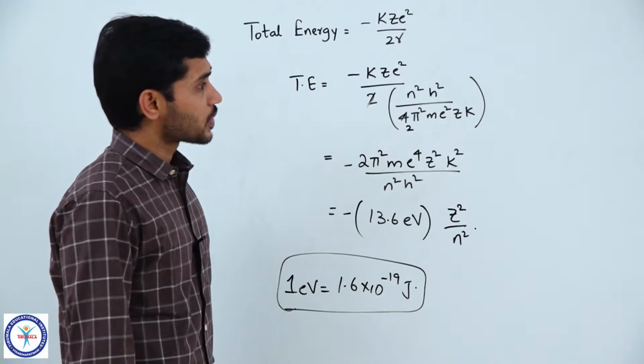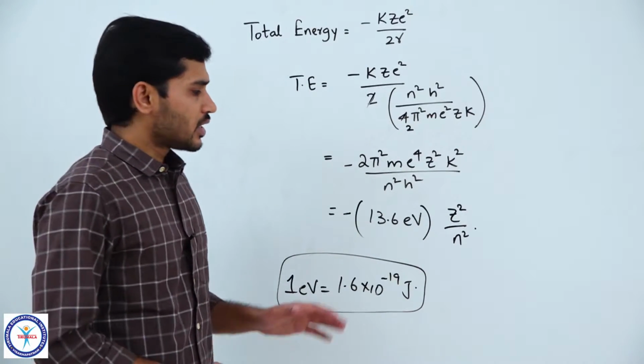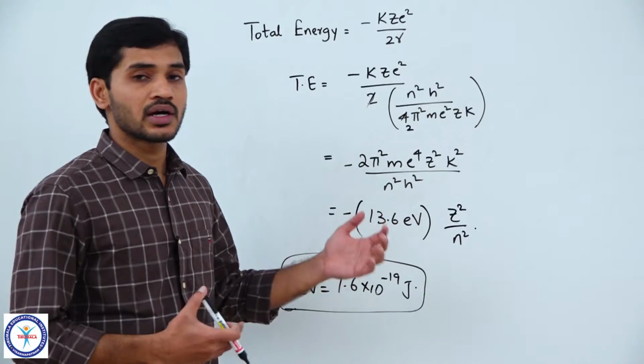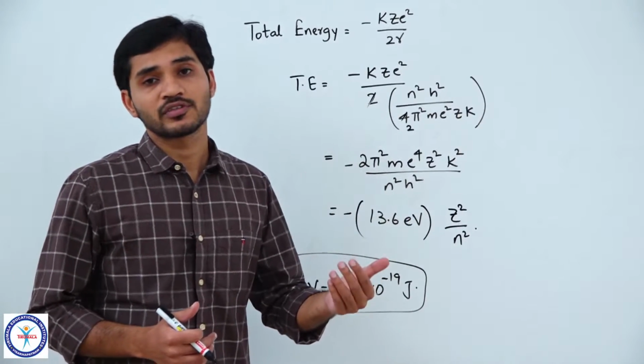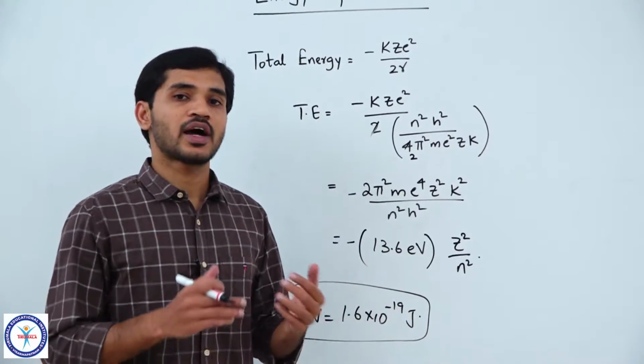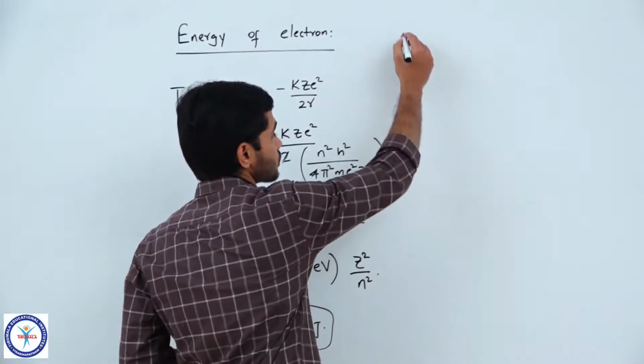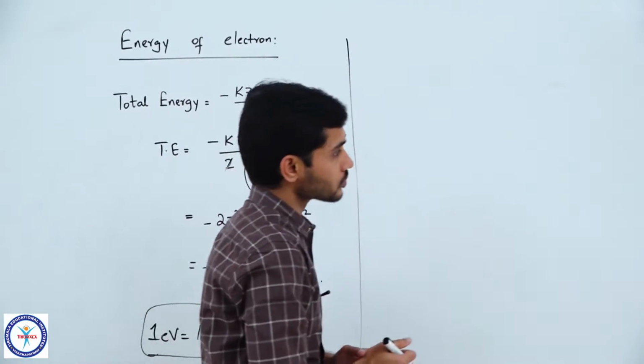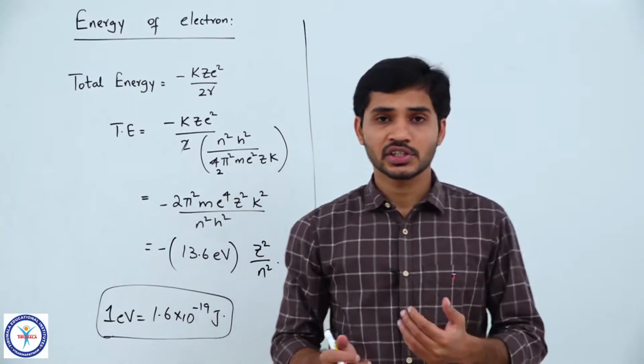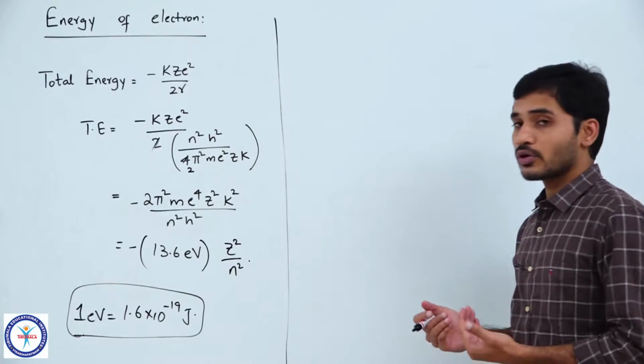Okay. So, that is the expression. So, now let us understand how these energy levels are. I mean, what would be the energy level of the electron in different orbits of atomic hydrogen. So, let us see that. I will be using a representation here, maybe you are all aware of that already.